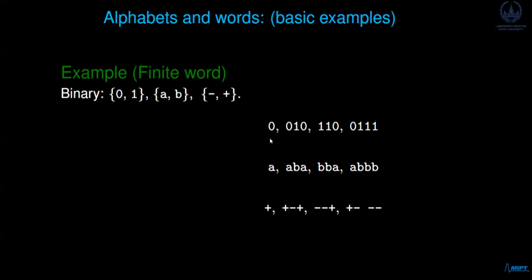If you look at it using instead of a, 0, or plus, it would be the same. These examples illustrate how the concept of finite words applies across different kinds of alphabets, whether they consist of numbers, letters, or symbols. This flexibility makes combinatorics on words applicable in various fields, from coding theory to formal language theory.